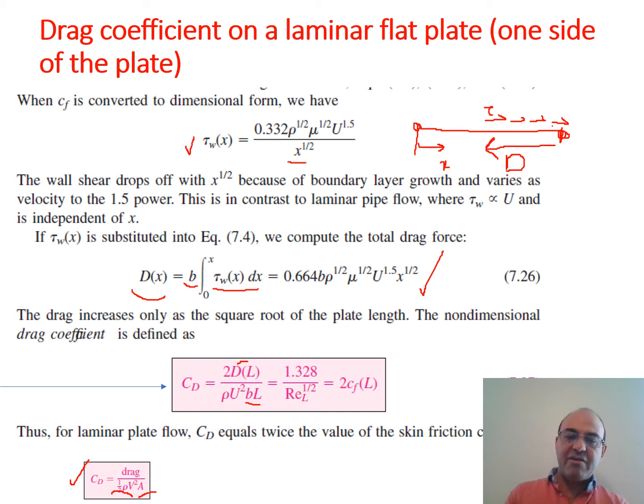If we compare it with the skin friction coefficient for a plate which has a length L, you see that CD is twice CfL. CD is the drag coefficient for the entire plate, but Cf is only the local drag coefficient or skin friction coefficient.